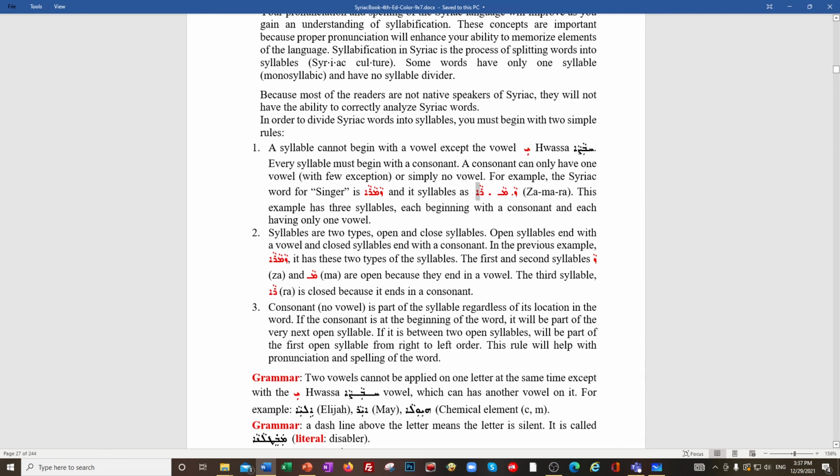Again, I'm saying this one slowly, zamara. It's just for you to learn how to pay attention, because when we say it, we don't say it that way. We say zamara. If you pay attention to the way I say it, you will see there is kind of a pause every time I have a syllable.